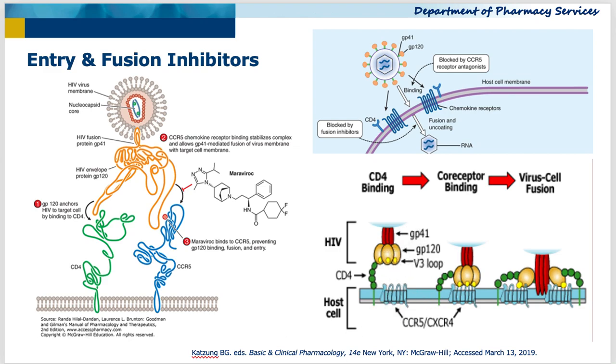It prevents the conformational changes required for the fusion of the virus to enter into the host cell. So essentially the drug will block GP41, and then the interaction between GP41 and co-receptors down here does not allow for fusion.